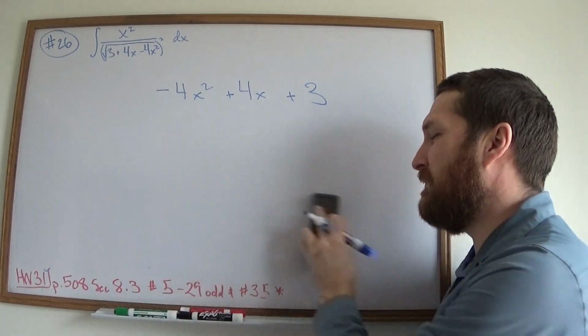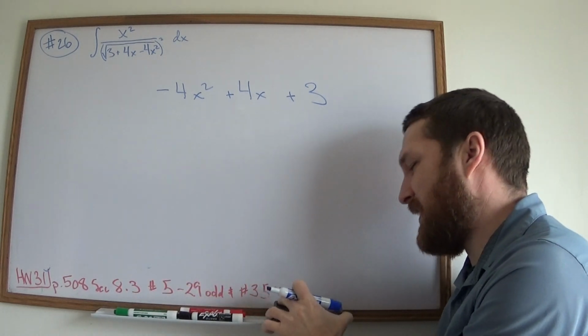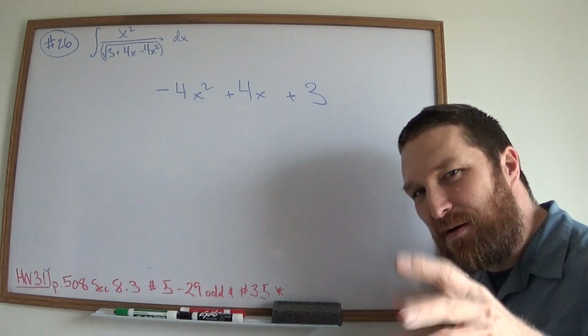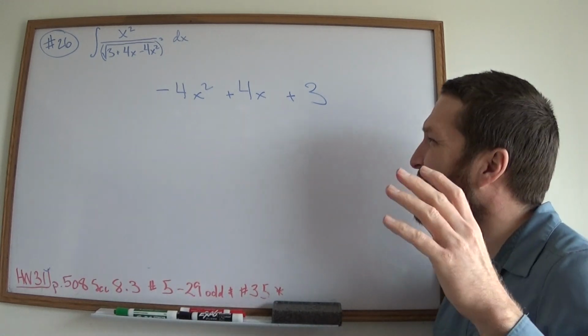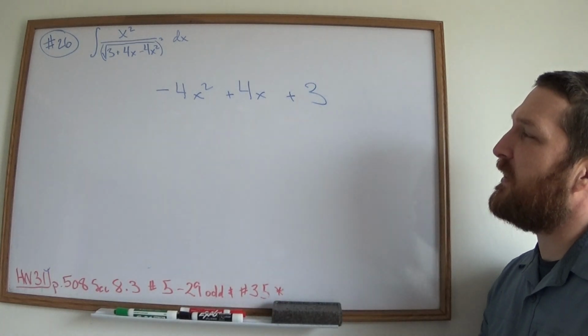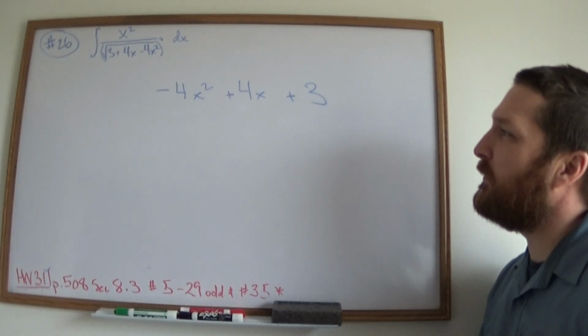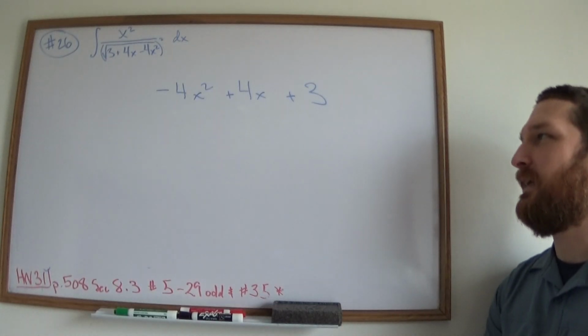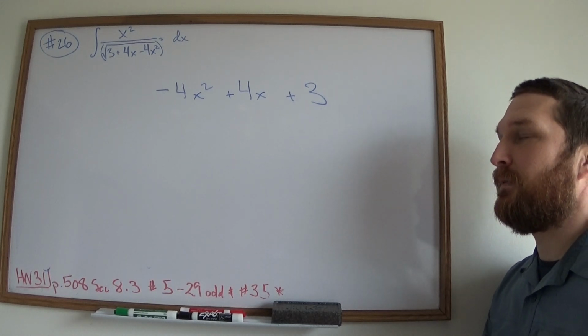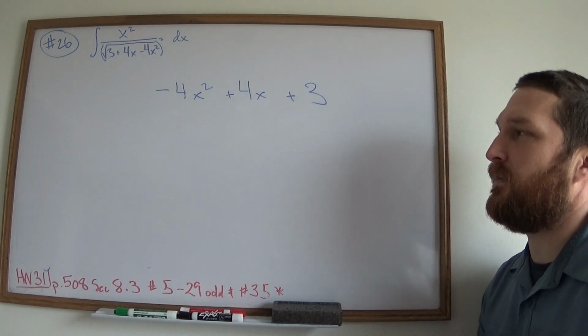Is there any method that maybe I stressed and stressed and stressed to memorize because it'll come back? It'll come back to you in ways that you might not think. So you want to be able to do this in your sleep. I give you like 1,000 of these to work on. Yep, completing the square is what we're going to do.